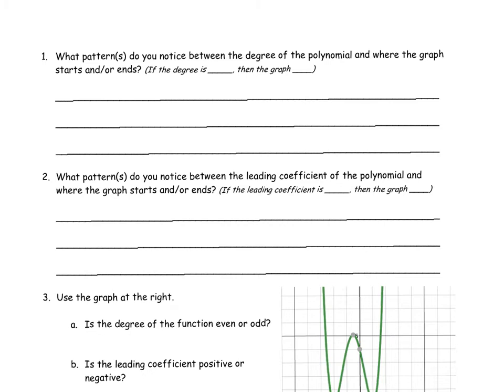If the degree is even, so let's put that first, right here. If the degree is even, then the graph starts and ends in the same direction.